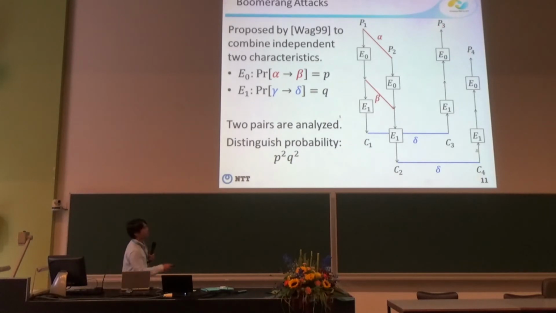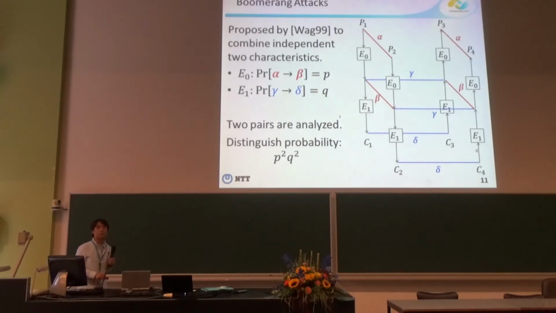Here you can see that the output difference is delta, thus the difference in the middle should be gamma, with probability Q. The same occurs in the other pair. Then the difference here should be beta with probability P, and this will output difference alpha here. That's the differential propagation in the boomerang attack.